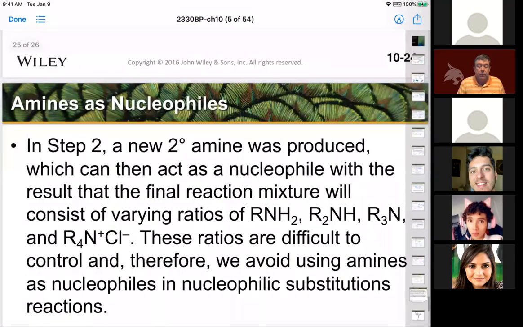Because each time you react it and lose that proton, it becomes a nucleophile again, it becomes very difficult. You can start with ammonia and get a primary, a secondary, a tertiary, and a salt, all from the same reaction mixture. So that makes it very difficult to stop with just a primary aliphatic amine.